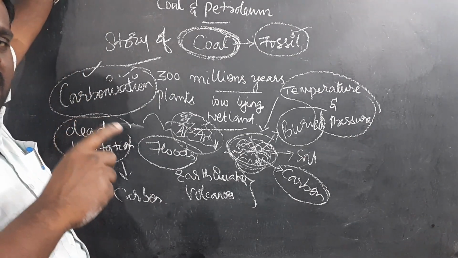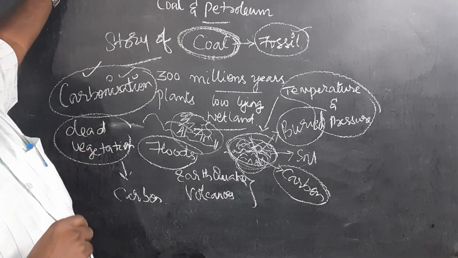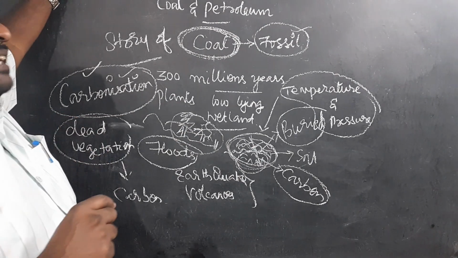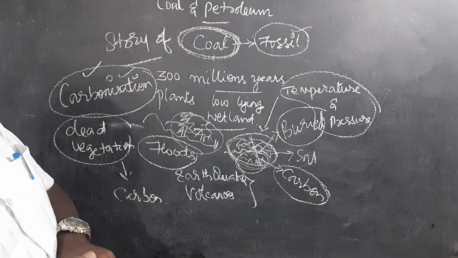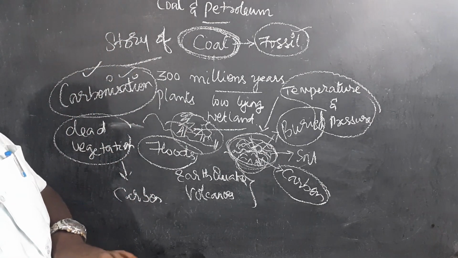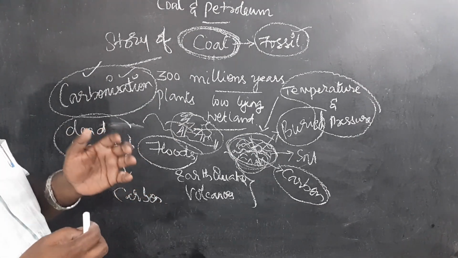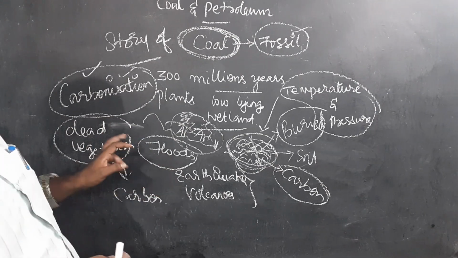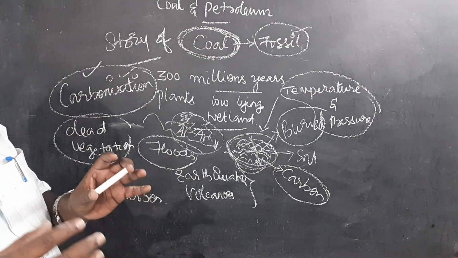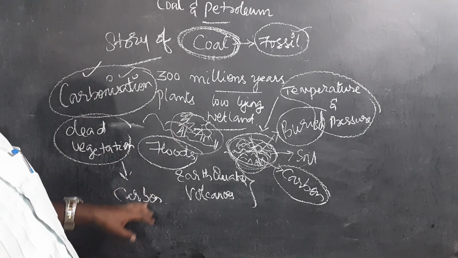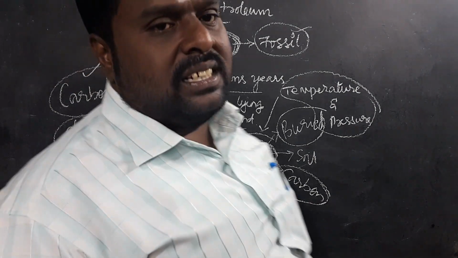As different layers of soil are formed, definitely there is a continuous increase in the temperature, so temperature and pressure increase. At this temperature and pressure, very slowly the dead vegetation is converted in the form of carbon. That is what we call carbonization.